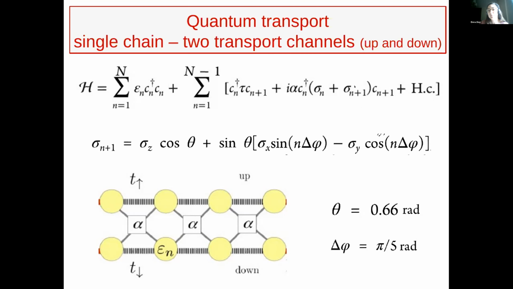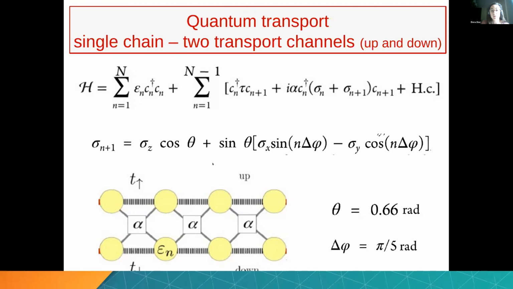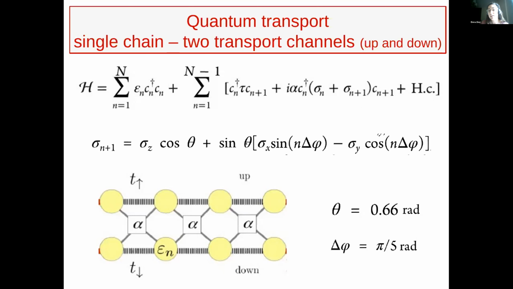And here these Pauli matrices come from the transversal ones of the previous slide, so it will depend on the typical X, Y, and Z components of the Pauli matrices, but with some corrections related to the angles of the helix, theta and phi. These values are typical for DNA molecules. And the spin orbit coupling will couple these two channels, the spin up and the spin down, with the nearest neighbors.